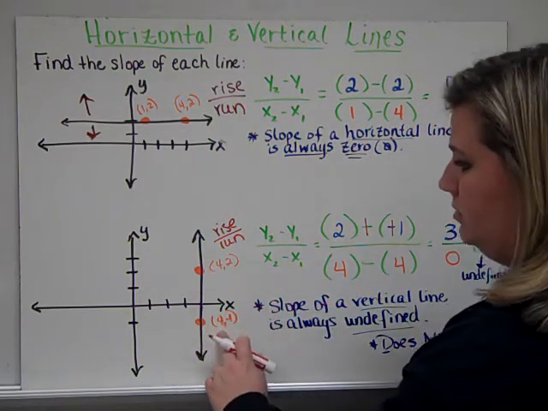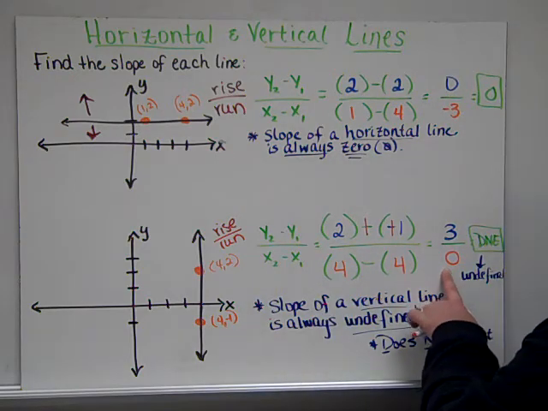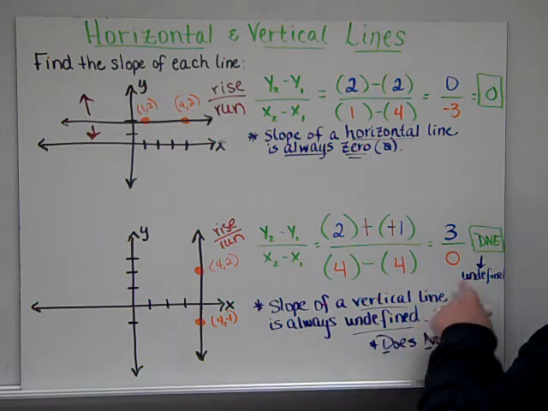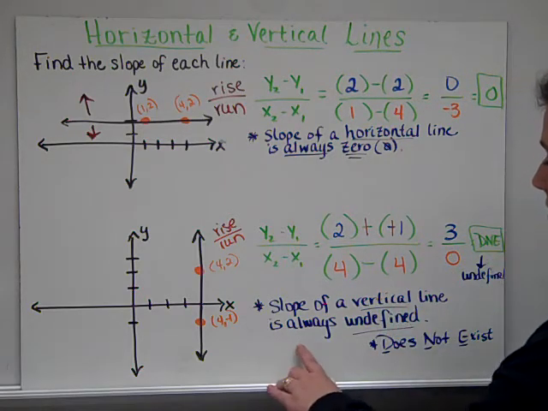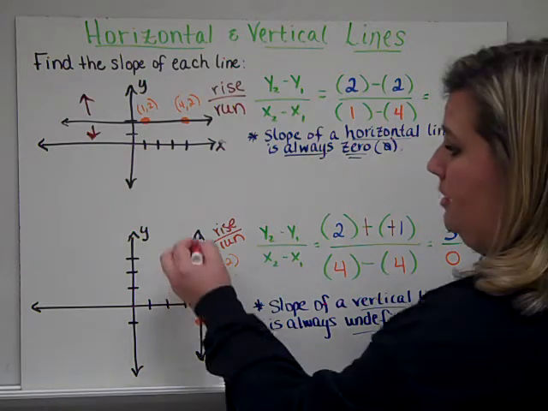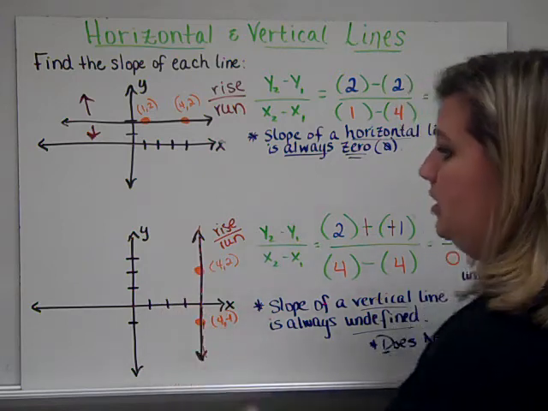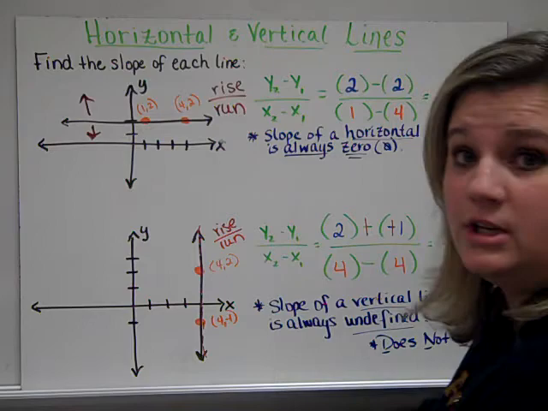Now my x coordinates are both 4, so I get a 0 in the denominator. Remember, we cannot divide by 0, which means that the slope does not exist. It is undefined. So the slope of a vertical line is always undefined. And remember, if I apply the vertical line test, we already know that it is not a function.